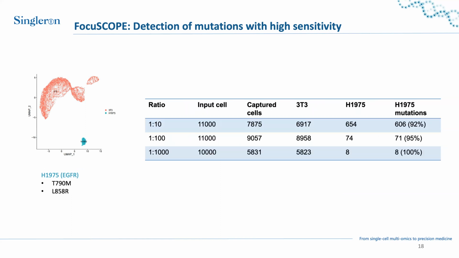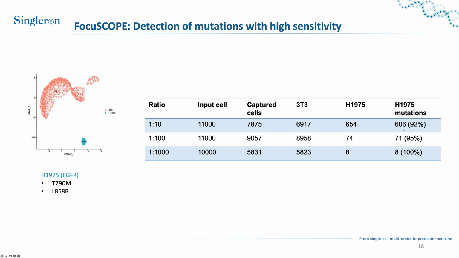So here you can see an overview of these ratios. We tested 3 different ratios, and you can see here how many cells we captured for every cell type. This shows that this method is very sensitive.